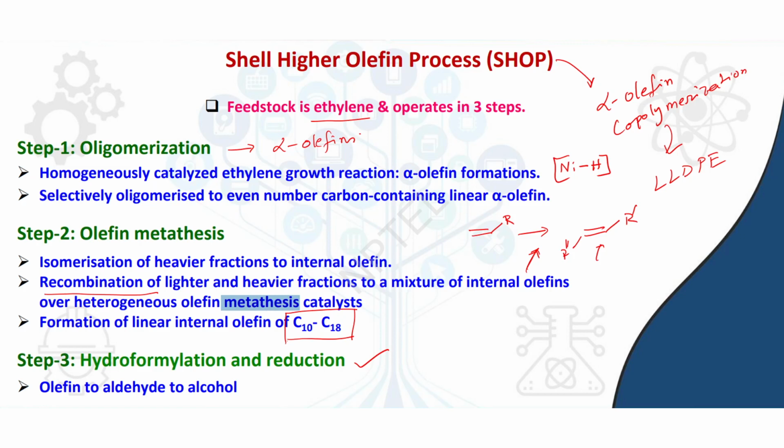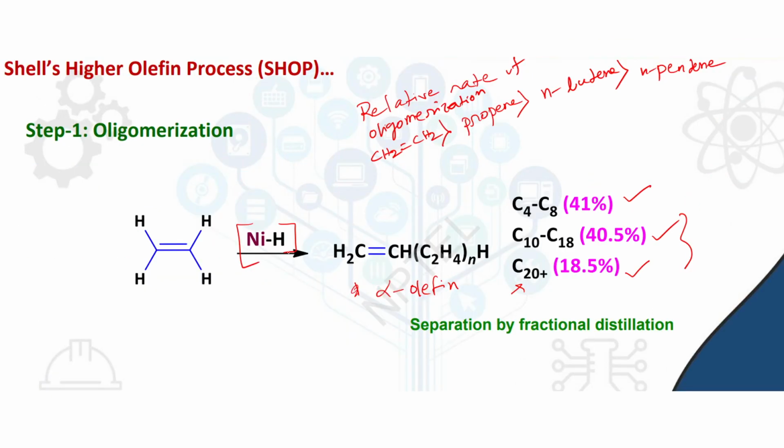So your metathesis happens with this, and they generally produce this LLDP, low branch polymer, and these are internal olefins. This is the general chain length, C10 to C18 units, and lastly, hydroformylation.